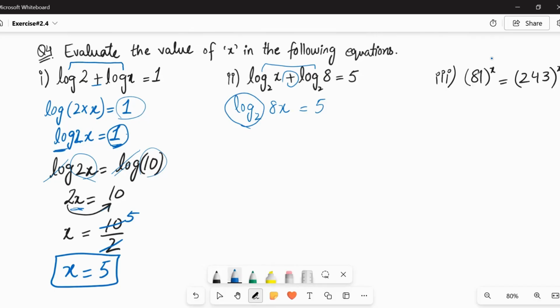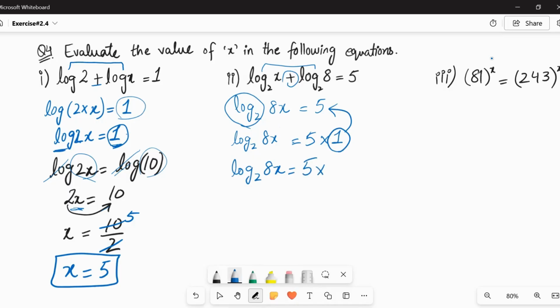The left hand side will remain as it is. If you notice, with 5 there is a 1, right? 5 multiplied by 1 is actually 5, so we need to change this 5 over here, so we'll write log base 2 of 8x equals 5 multiplied by something.